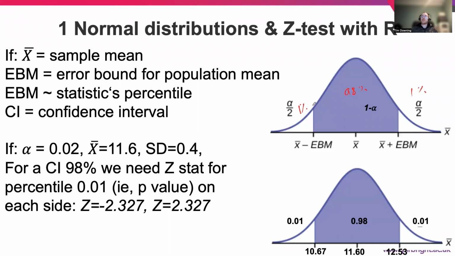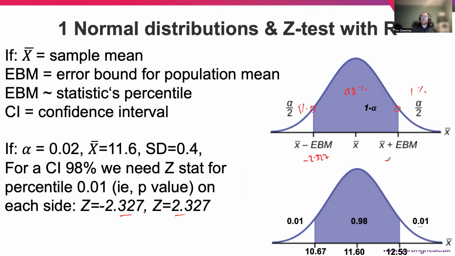So think about the z-scores that correspond to that percentile, which is going to be greater than 2. We know that much at least. And they in fact correspond to minus 2.327 and plus 2.327. So that's where they lie on the Z scale.